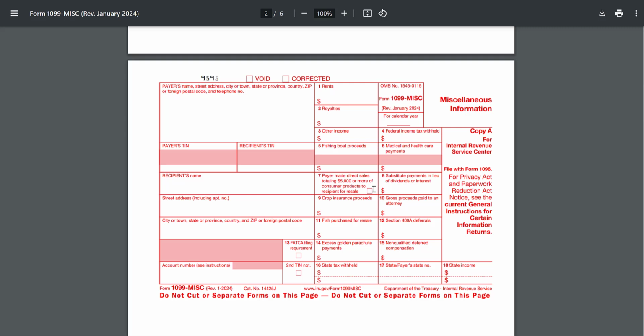You can also report royalties, other income, fishing boat proceeds, medical and healthcare payments, substitute payments in lieu of dividends or interest, crop insurance proceeds, gross proceeds paid to an attorney, fish purchased for resale, Section 409A deferrals, excess golden parachute payments, non-qualified deferred compensation.